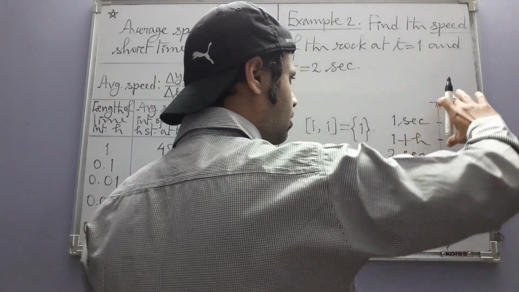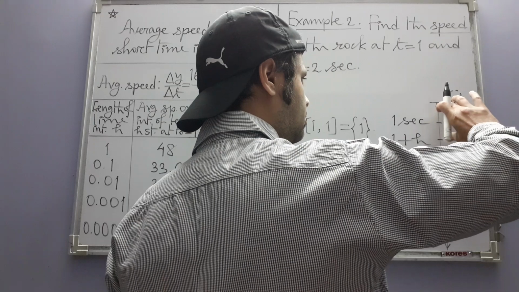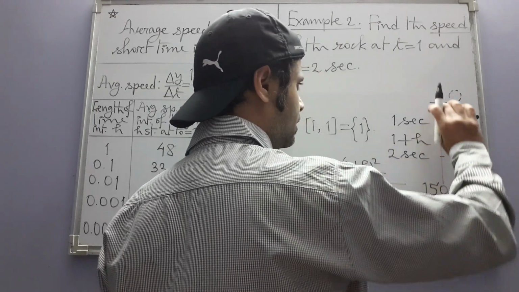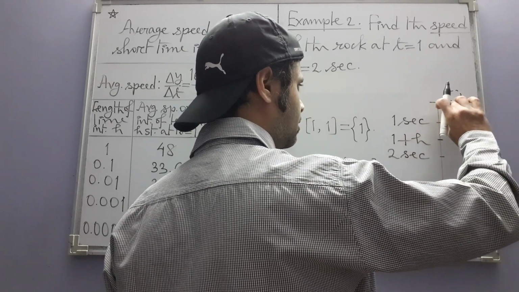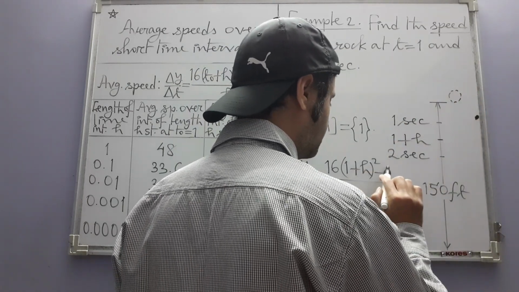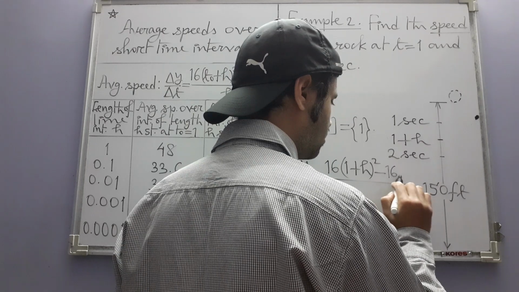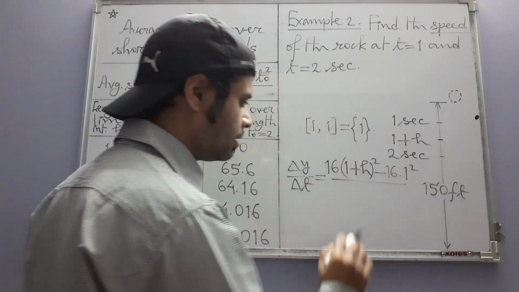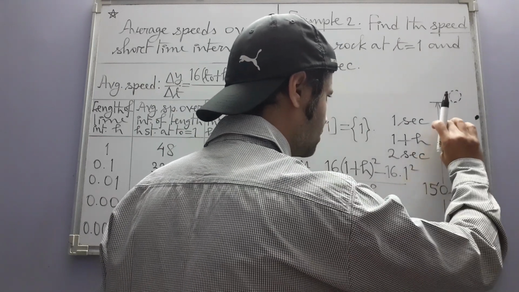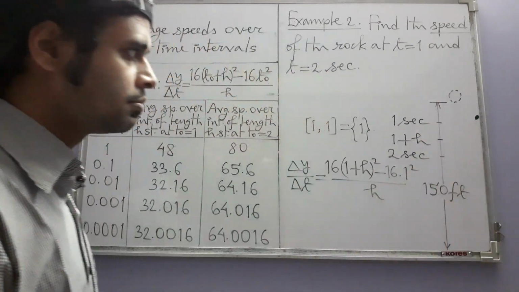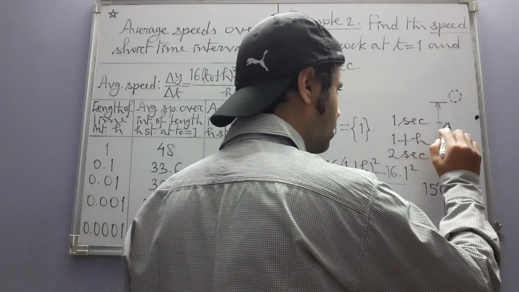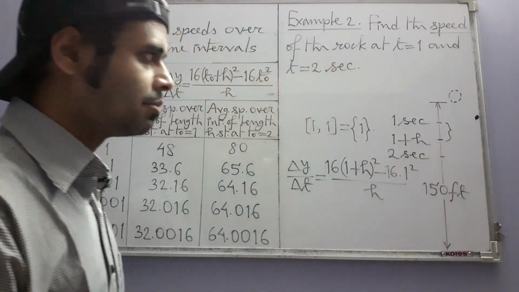So this much the rock falls during this much time, and minus it falls during the first second of its journey by this much, divided by h, of course, the length of this interval. So this is one average speed, the average speed of the rock in this time interval.